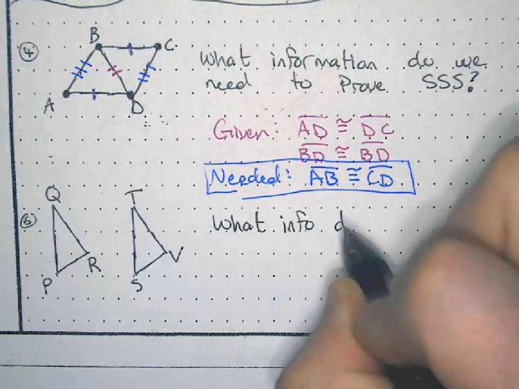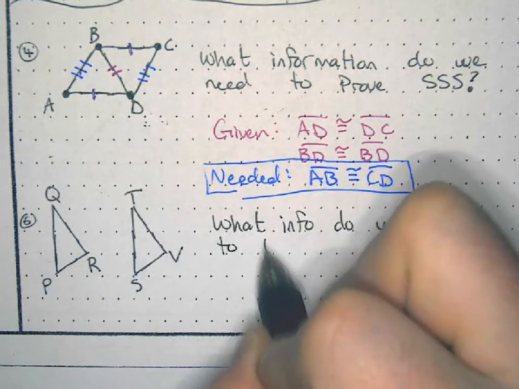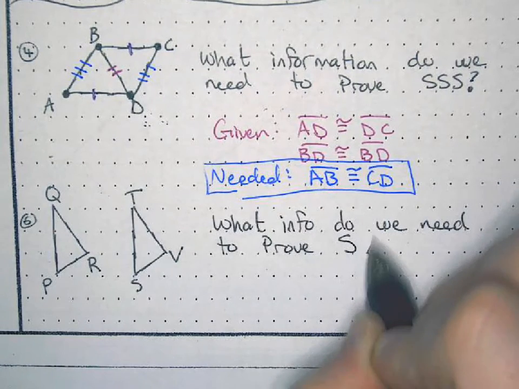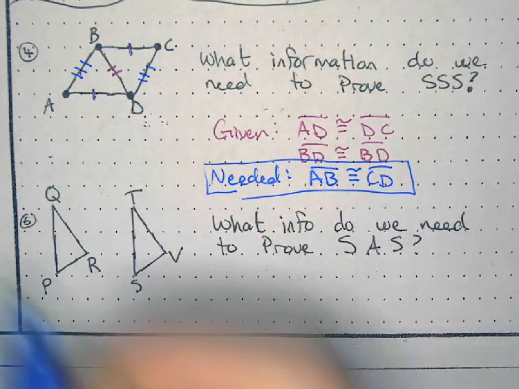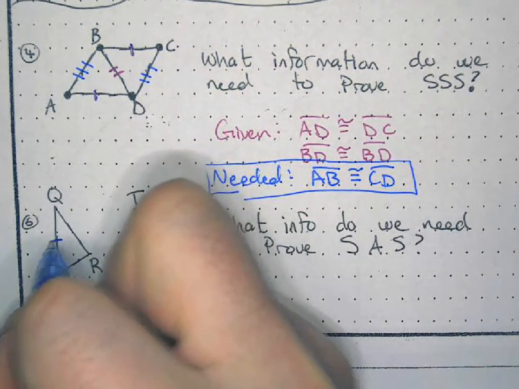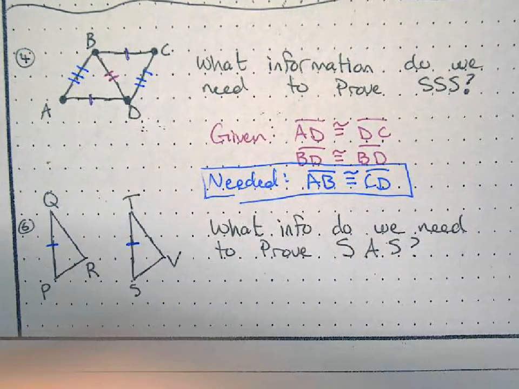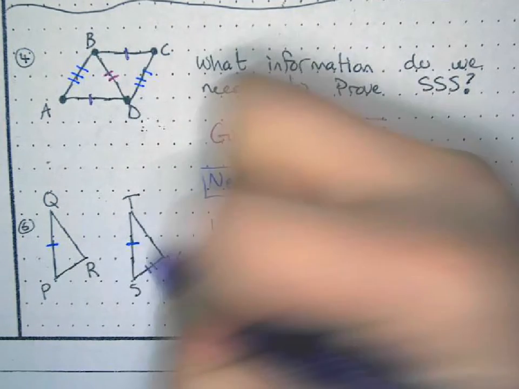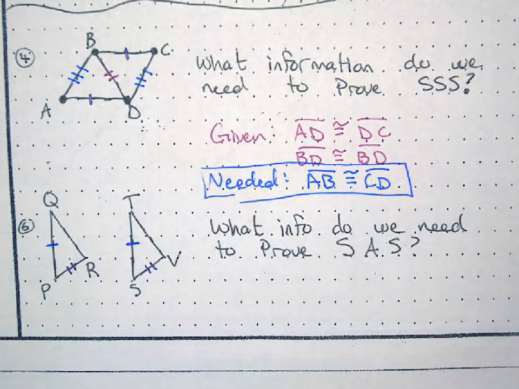What info do we need to prove side angle side? Okay, so let's write our given. So this is how the problem would be given to us. We'll say PQ is congruent to ST, and then we'll say SV is congruent to PR. So I'm going to write that as our given.